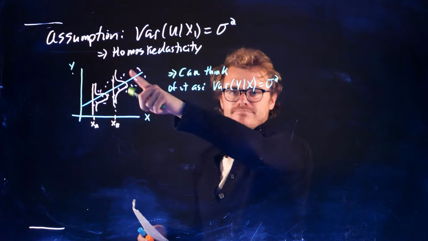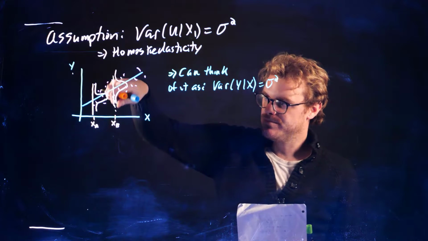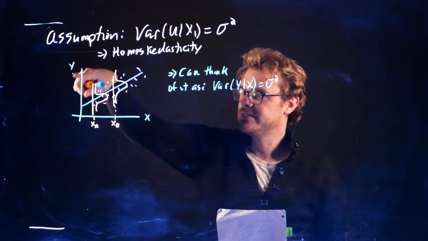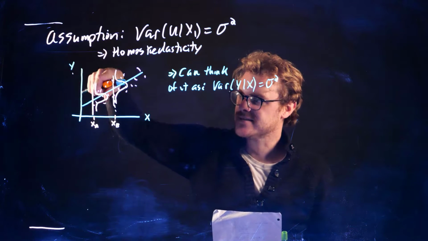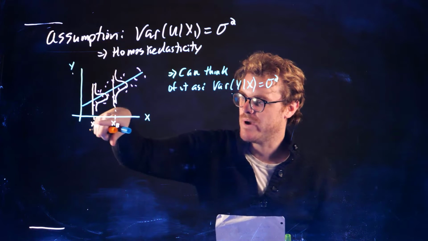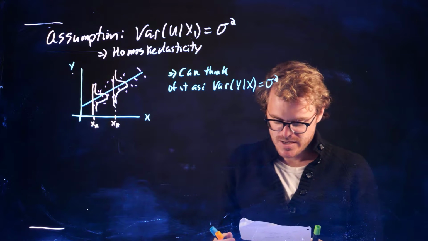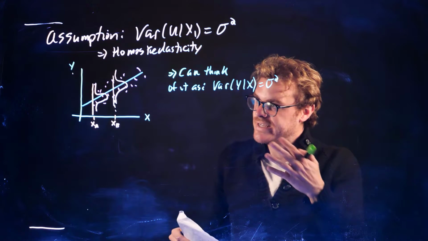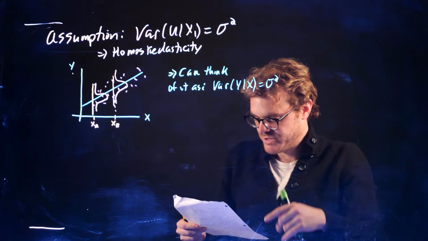And that's more or less what I was talking about here. The variance of these pink points for these different values of y, the variance along this y-axis, is the same no matter what the level of x. That's what this assumption is saying. So if the variance changed, then we're going to violate this assumption.